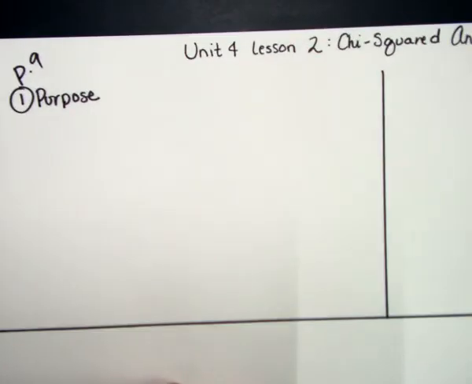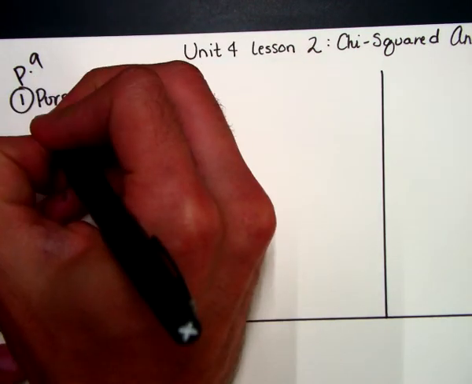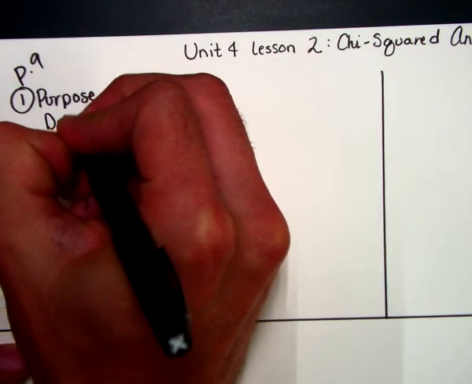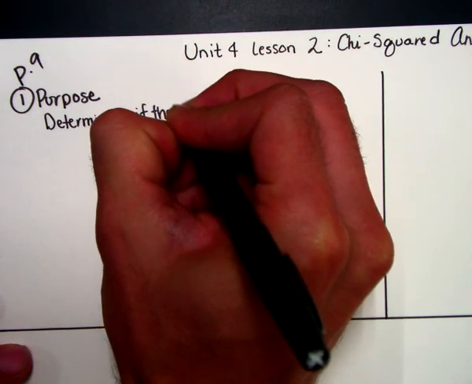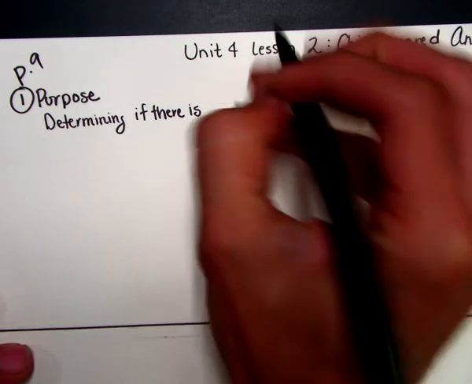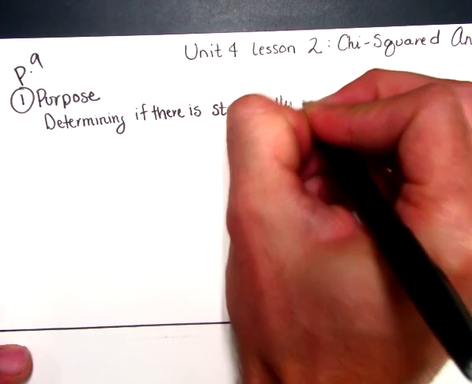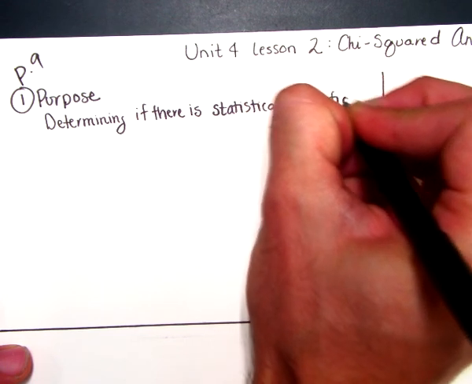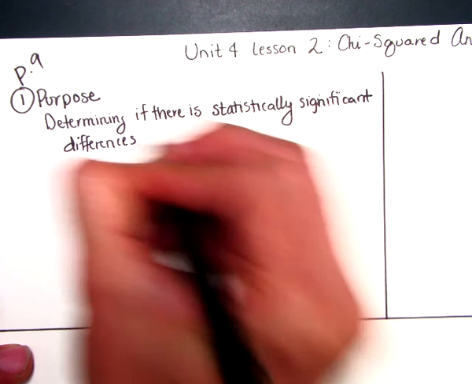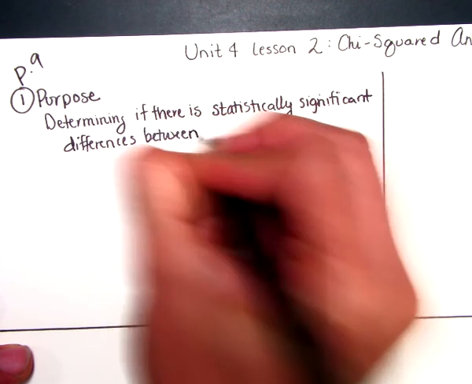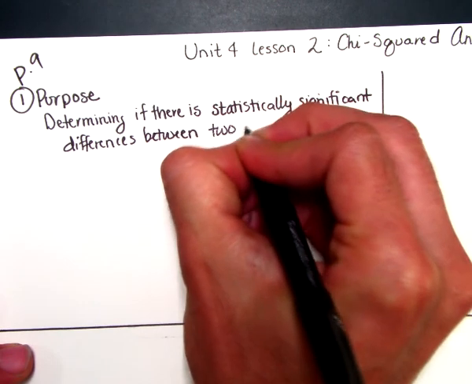Okay, so the purpose of a chi-squared test can be summed up as determining if there is statistically significant differences between two data sets.